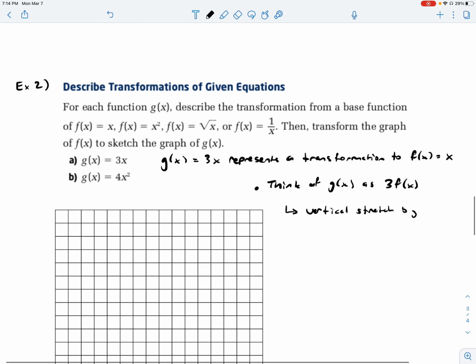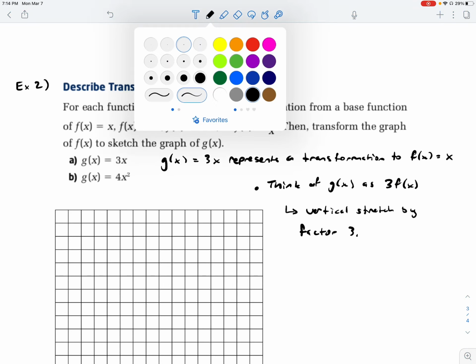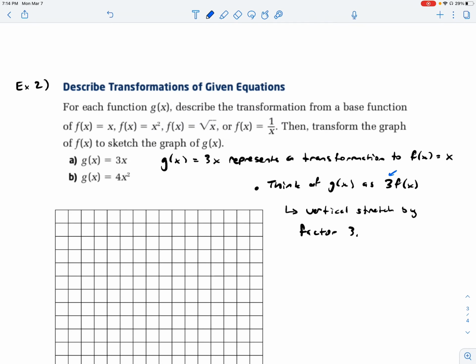I know it's factor 3 because I can see this is my a value. This means a is equal to 3. So because a is greater than 1, it's a vertical stretch by factor 3.